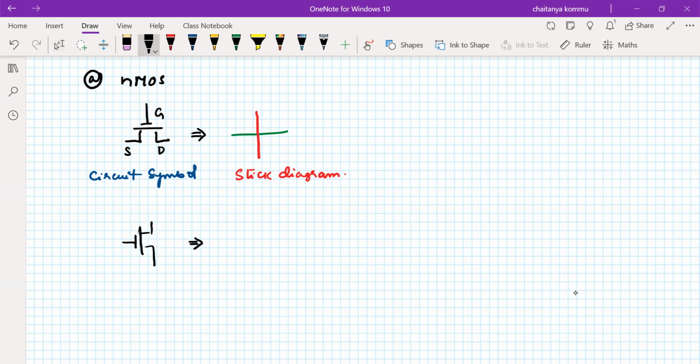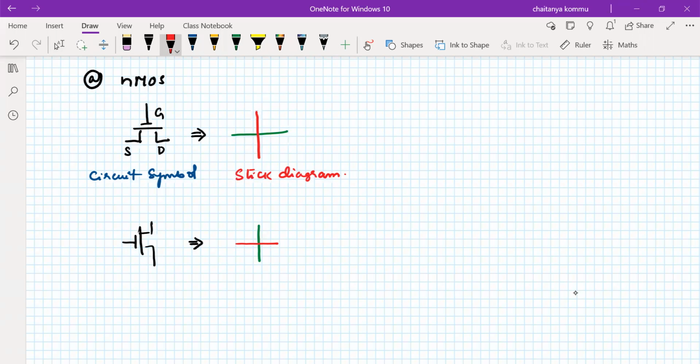So here in this case, what is the position of the source and drain? Vertically. What is the position of the polysilicon? Horizontally. So what you have to observe is that whenever a polysilicon line is crossing the diffusion line, or the green line is crossing the red line, or the red line is crossing the green line, a transistor will be formed.